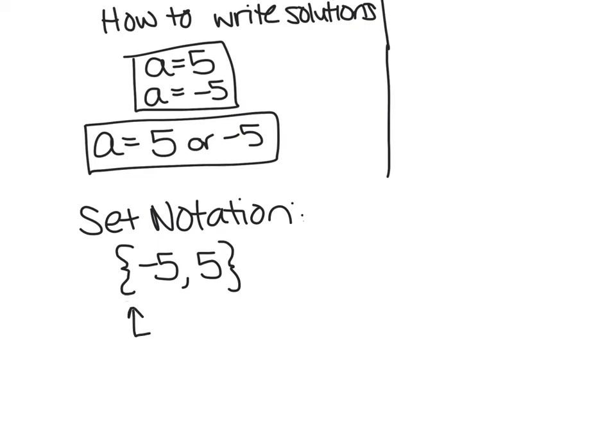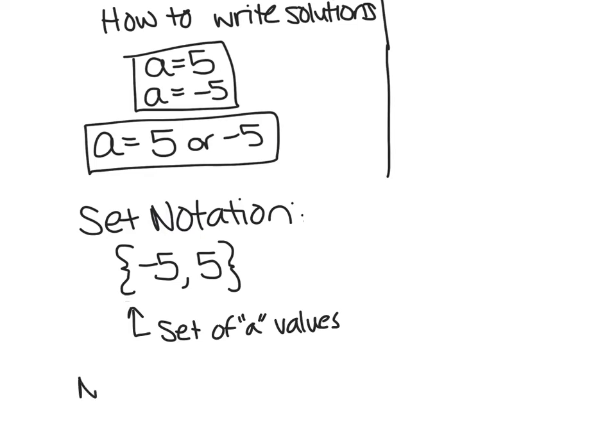So using these brackets, we said that this was a set, and specifically it's a set of a values. Whatever is in the brackets together means that they go together. So these were both a values, so we could put them in the brackets together. If they were solutions to different equations, then we couldn't put them in the brackets together. So that's set notation, putting your answers in a set.